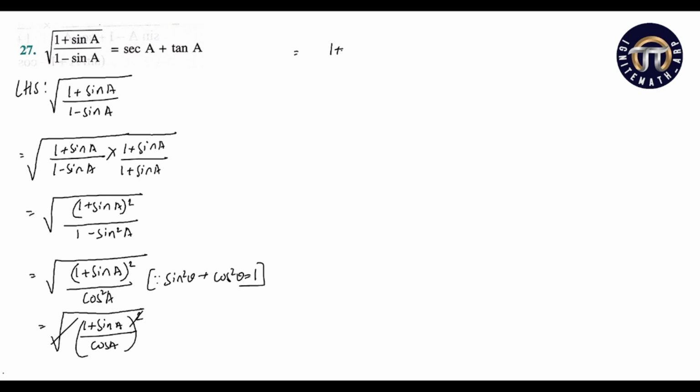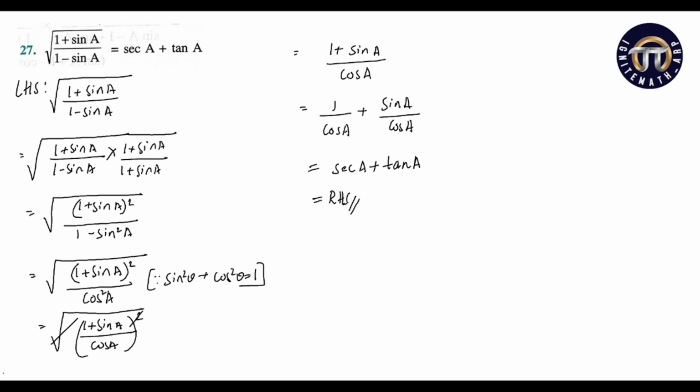Later I'll be left with 1 plus sin A by cos A. So the cos A belongs to both the terms in the numerator. 1 by cos A plus sin A by cos A. So 1 by cos A is sec A, then sin by cos is tan A. So that is equal to RHS what we require. Clear, children? So now let's move to the next one.